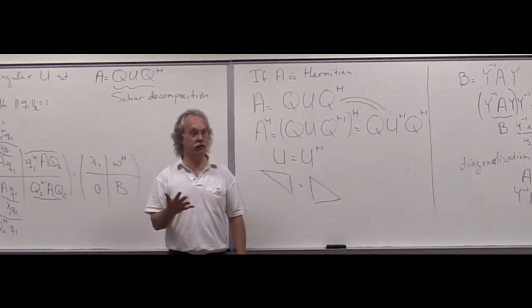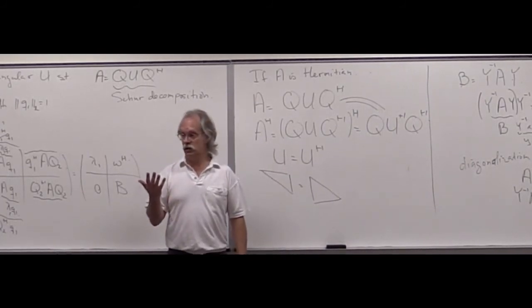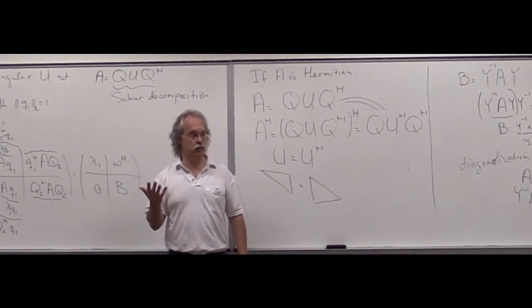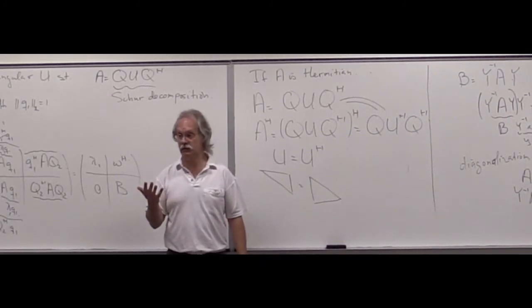You can pick the eigenvectors of a Hermitian matrix to be mutually orthonormal. Okay? So obviously, Hermitian matrices are wonderful. Right? Doesn't get much better than a Hermitian matrix. Only everything for Hermitian.